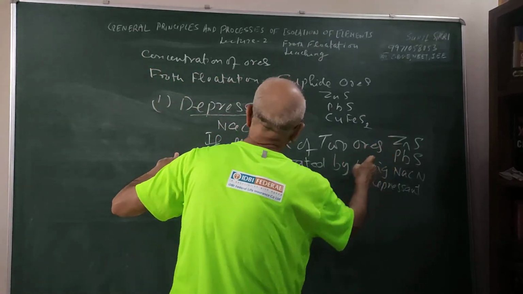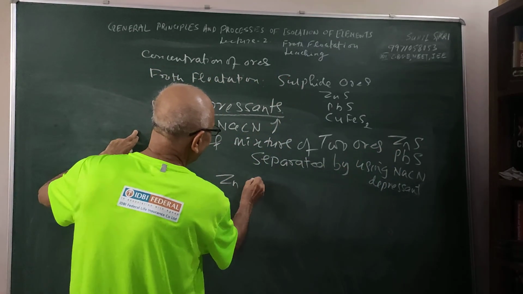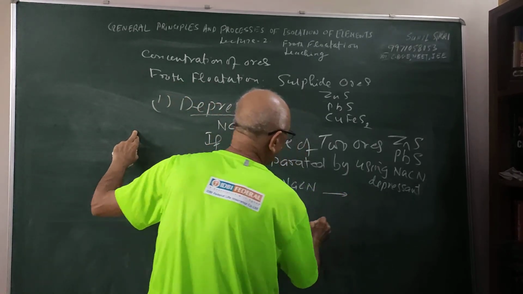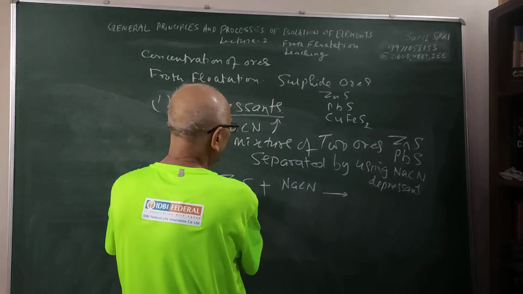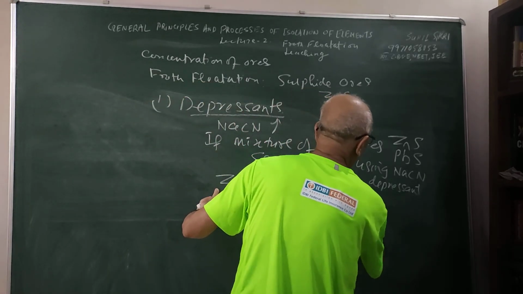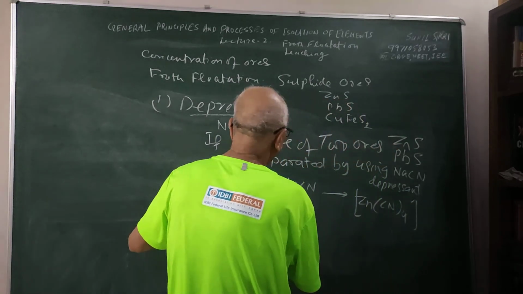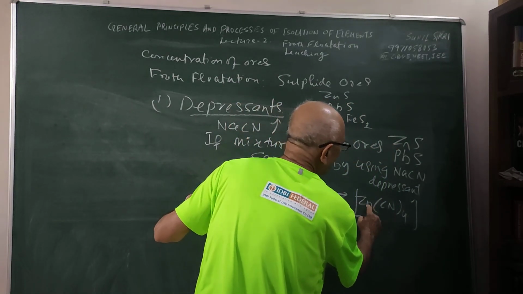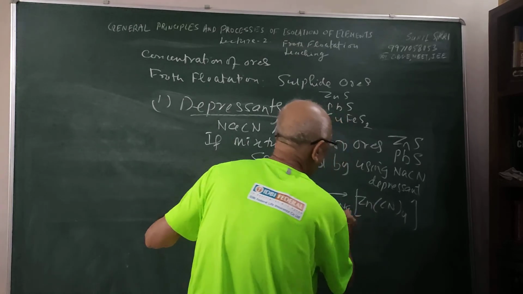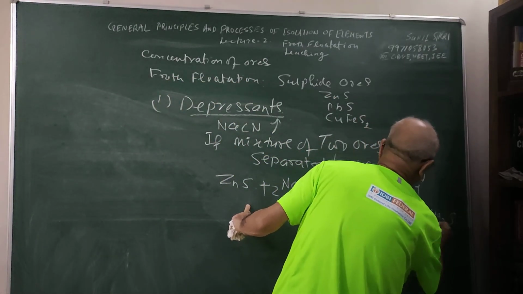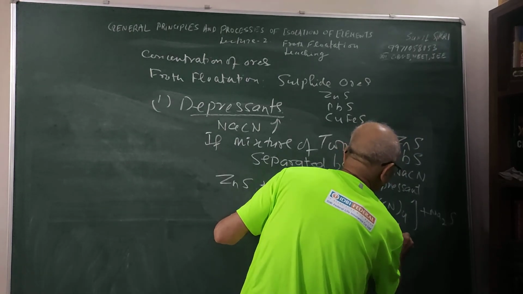If you have a mixture of the two, the zinc sulfide will react with the sodium cyanide, and zinc forms a soluble complex, Na2[Zn(CN)4]. Here zinc is 2 plus and the complex is 2 minus, so Na2Zn(CN)4 is a soluble complex.